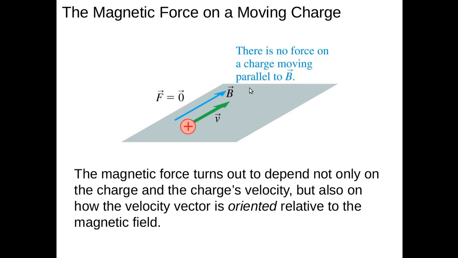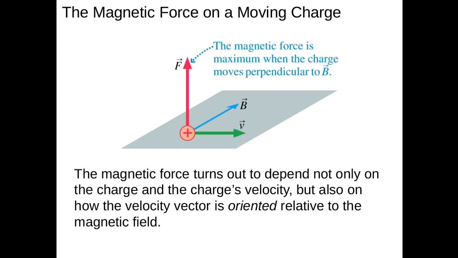So a stationary charge doesn't experience a force, and a charge moving in the same direction as the magnetic field also does not experience a force. But if the particle has a velocity that's not parallel to that magnetic field, we see that it experiences a force. It changes its path, so it doesn't stay along that same path, so it's got to be experiencing a force. It's got to be accelerating.